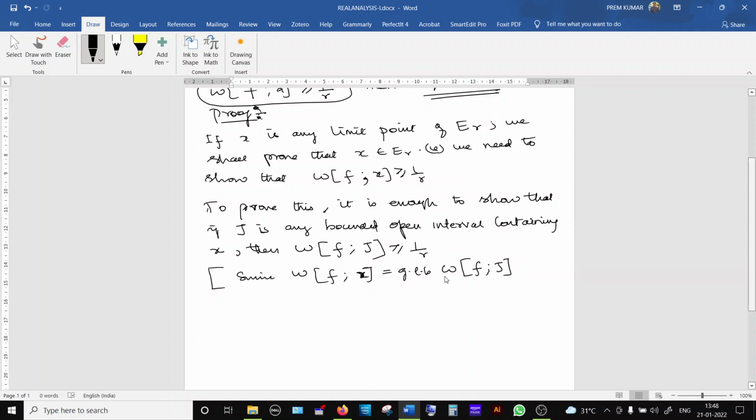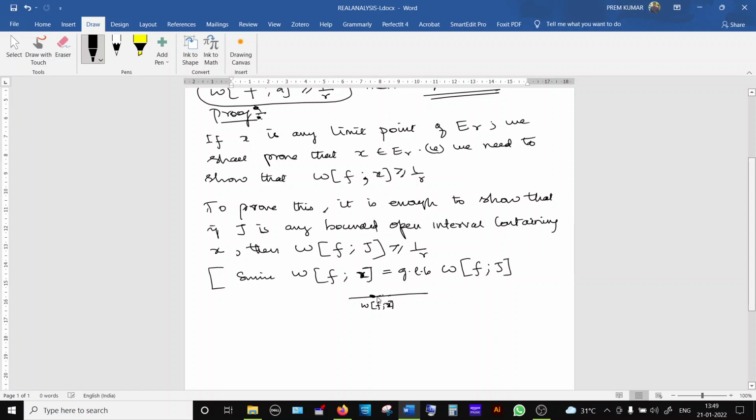So now, if we prove that all the oscillations of this type are greater than or equal to 1 by r, then the GLB, the greatest lower bound, will also be greater than or equal to 1 by r. Suppose this is omega of f at x. This is nothing but the GLB of all of them.